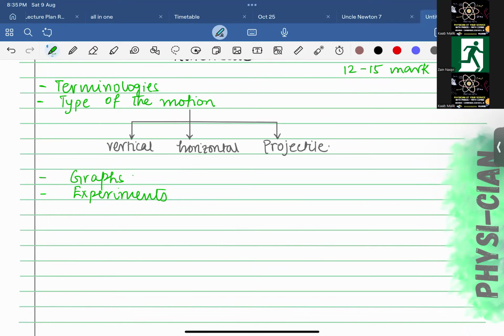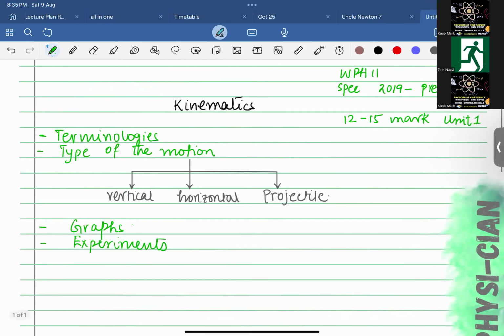They give you a 5 to 6 mark question. In the kinematics chapter, we have 2 to 3 things to understand the experimental techniques, and they will be related only to kinematics. There are some experiments in other chapters as well, so we'll discuss accordingly.